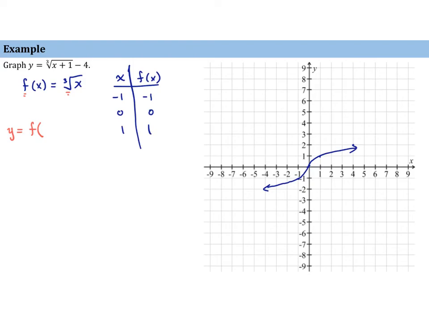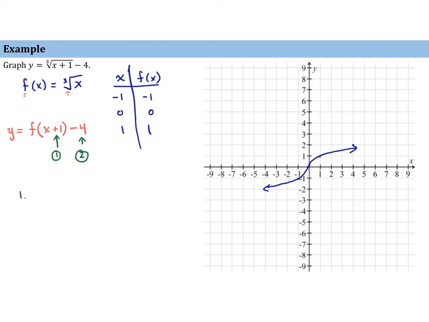In y, we're taking the cube root of x plus 1. Then after we're done taking the cube root, then we subtract 4. So what do we see here? We see an addition of 1 in the input, and then a subtraction of 4 after we apply the parent function. So this is the first thing that we do, and then this is the second thing we do.